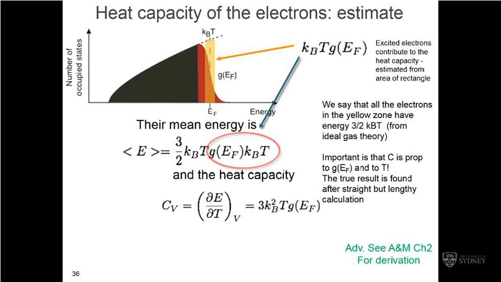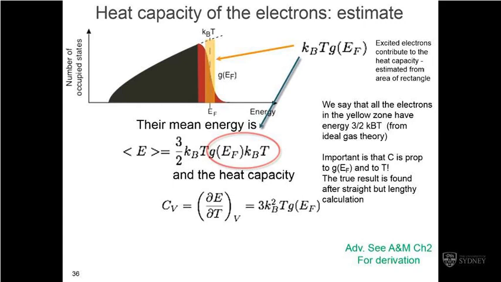In this model we are going to shoot for a more accurate value of the Lorentz number. Remember, the number was quite good in Drude, but it was off by a factor of 2. With this approach, we get a much better description. So we need a much better heat capacity, which we're trying to do here, and we're going to use the Fermi velocity, which we'll talk about shortly.